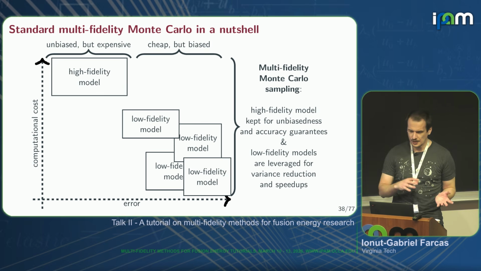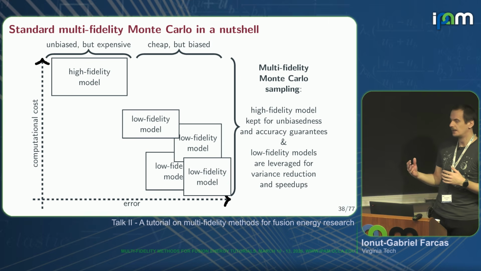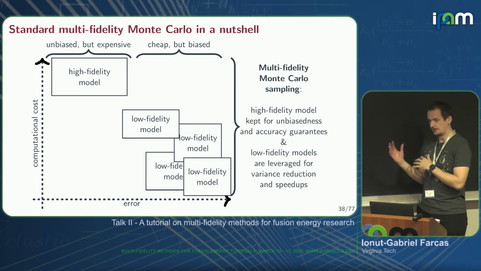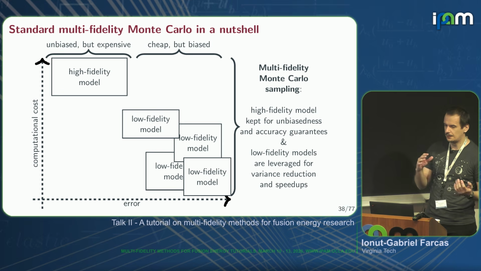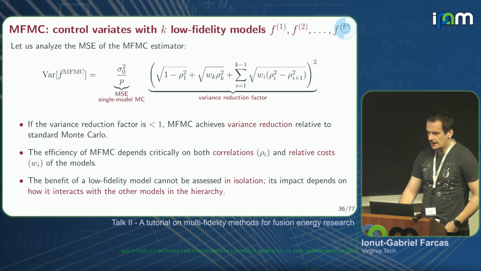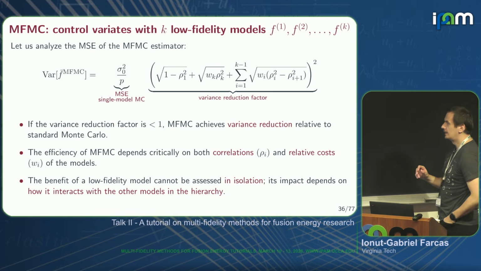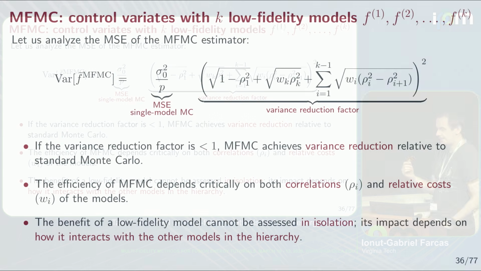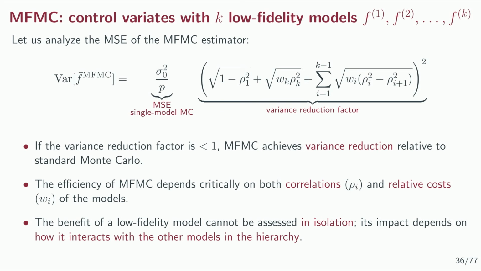In general, if we have decent low fidelity models, most of the effort will be put onto them, whereas the high fidelity model will be queried just a reduced number of times, which is what we want. As a reminder, this is the formula that we got for the variance of the multi-fidelity Monte Carlo estimator, depending on k low fidelity models, where we have a product between the variance of the single model Monte Carlo estimator and an expression that depends on correlation coefficients and evaluation costs.